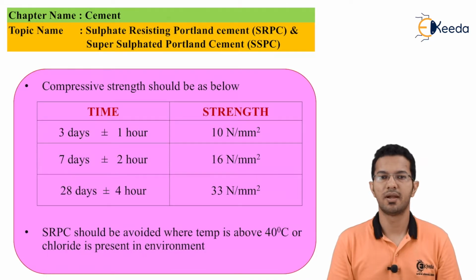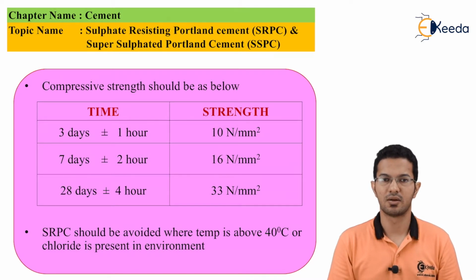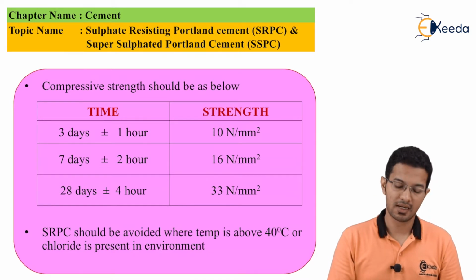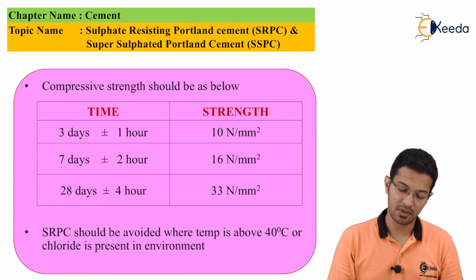To know how cement gains its strength, or we can say the rate of gain of strength, we will see it right now. The conditions or environment in which the cement is used can be seen along with the compressive strength. Now we see the compressive strength in the table.